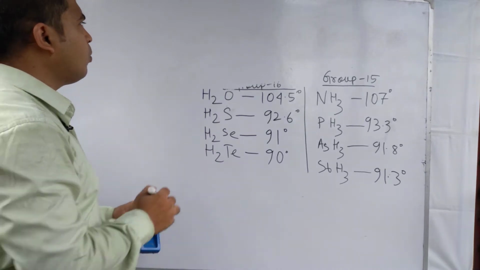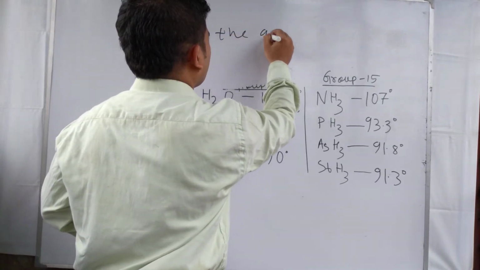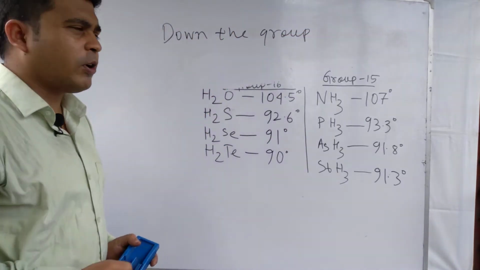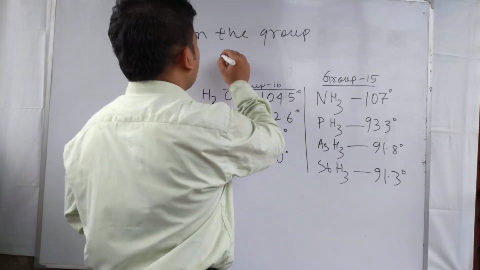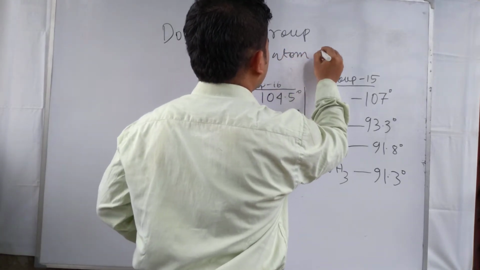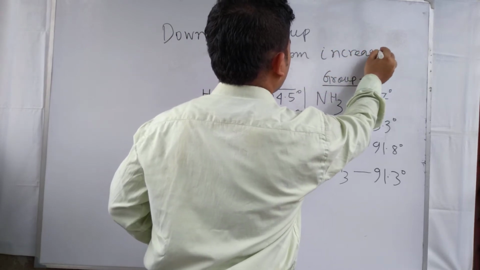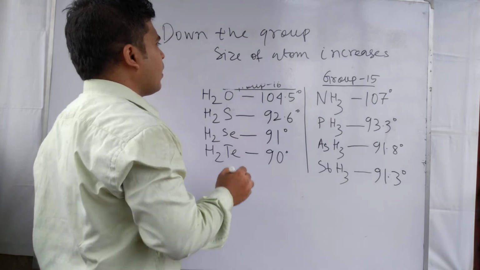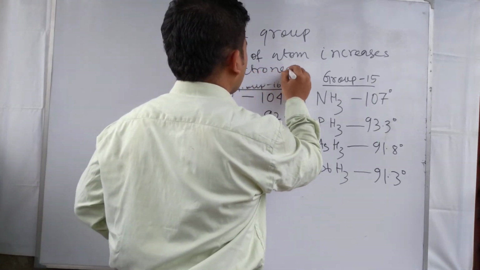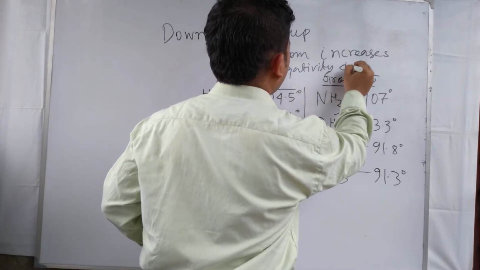One point you have to note down: down the group of the periodic table, the size of atom increases and electronegativity decreases.